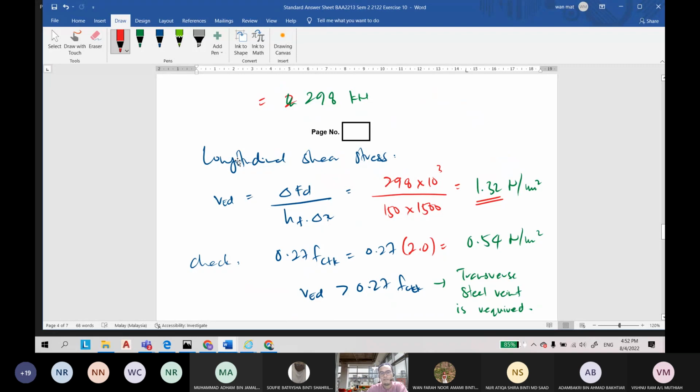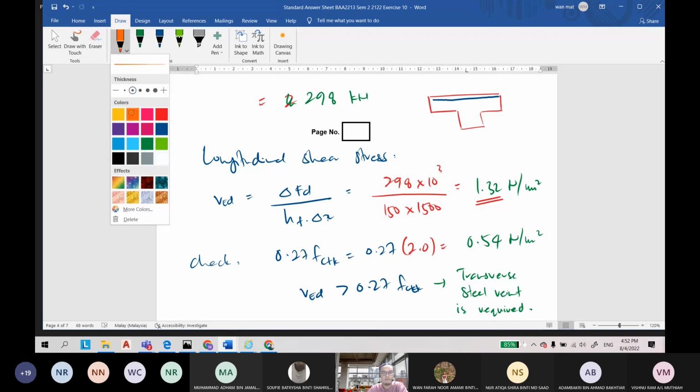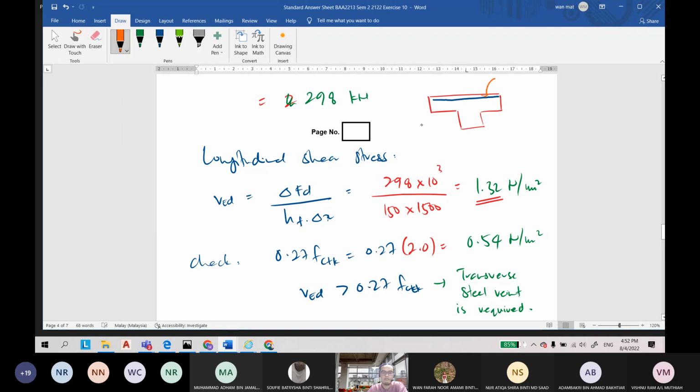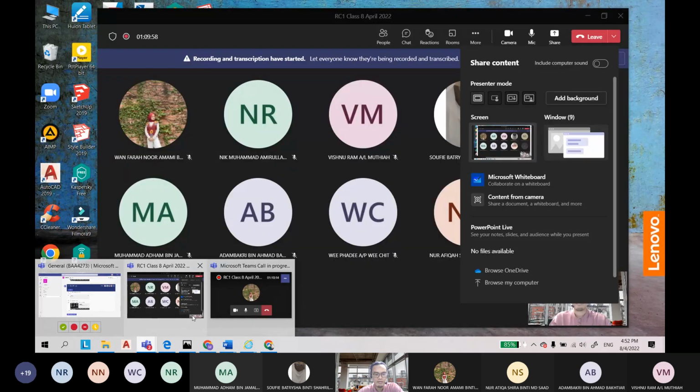Okay, the flange here. So you must consider this one. This steel reinforcement, you have to consider the longitudinal shear stress, the change in moment, the change in force. You have to consider this one. Okay, any question, class, for this part?